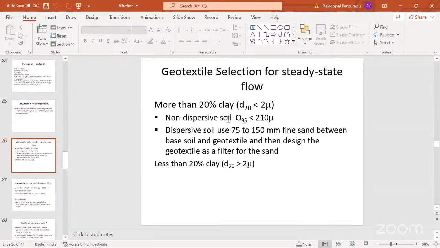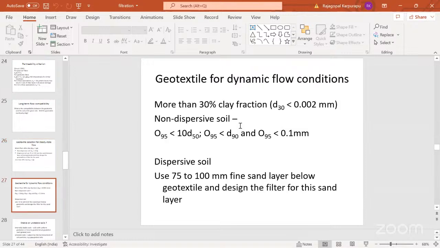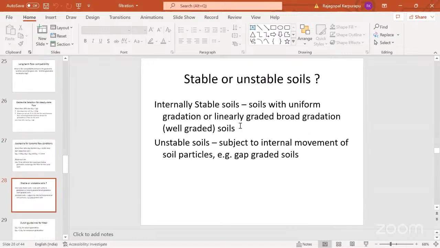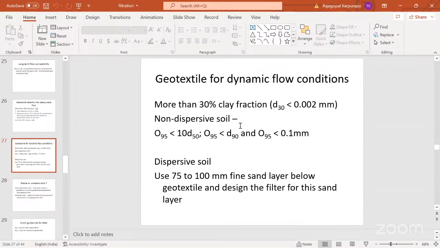Here, D95 is less than 210 micron. I think this is from some other publication, and that's for clay soil, right?